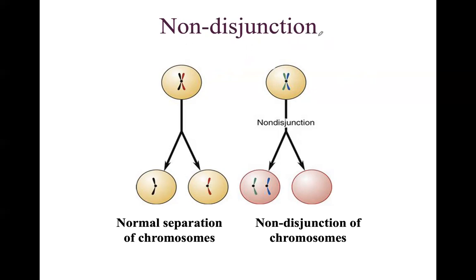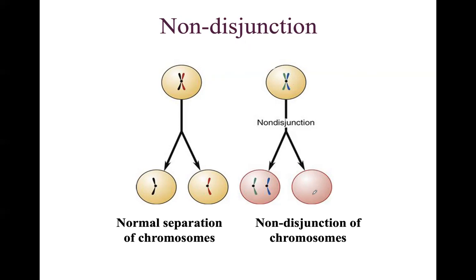What non-disjunction is, is when by accident, these chromosomes do not separate. And what happens is you have one egg that has 2 copies, or one sperm that has 2 copies, and another egg or sperm that has none.